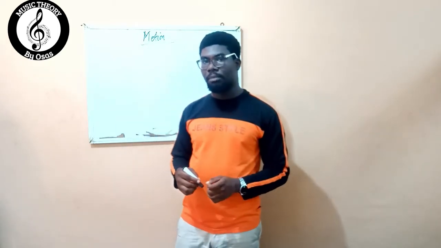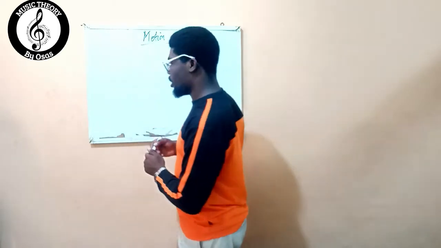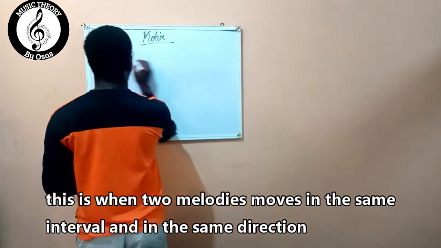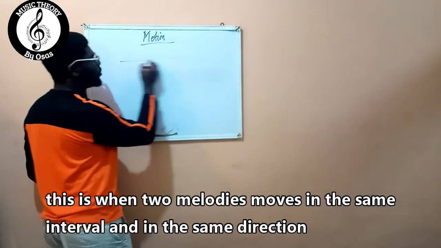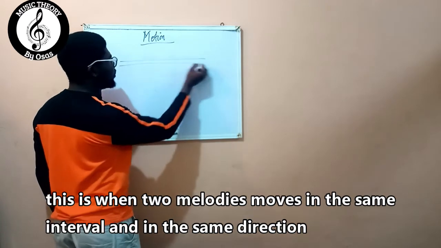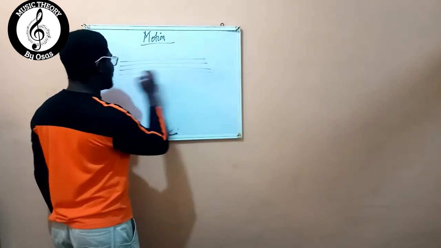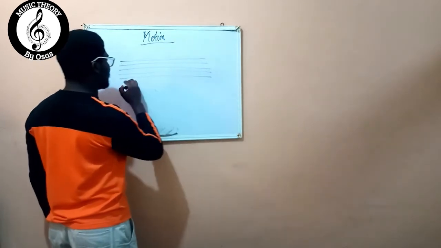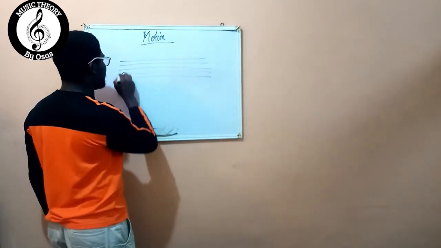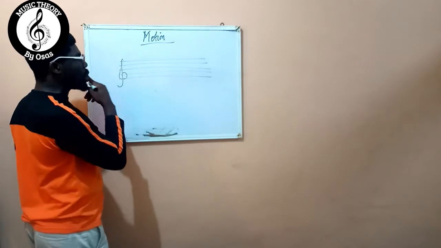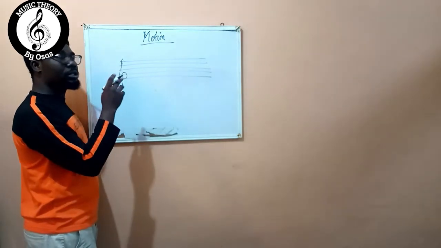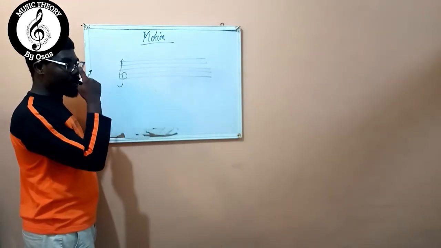Let's have the example illustrated here. Parallel motion. When two melodies are moving in the same direction and the same interval.